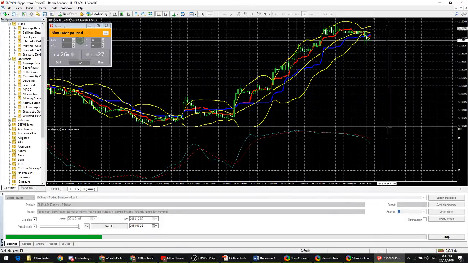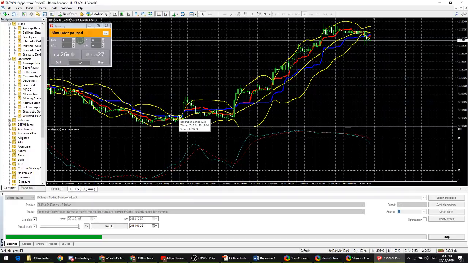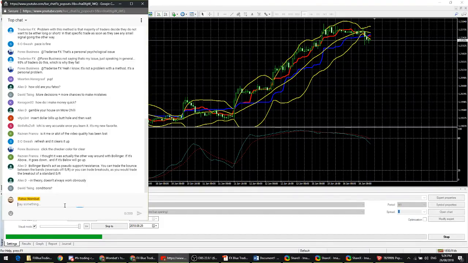Here we are. We went from here to somewhere down here. Where was it? This one. So that's 280 pips odd that we made on that trade. I'll take that. So 280 pips, is that alright for everyone for a first trade?